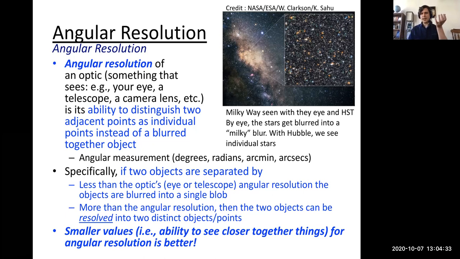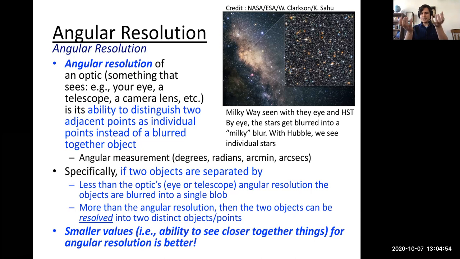If the angular resolution of your telescope is smaller than the angular separation, then you can see those objects as distinct points. You can resolve those objects. You can see the detail.